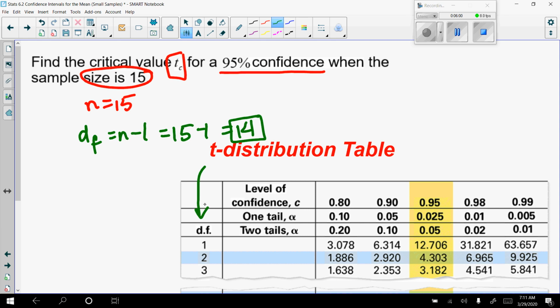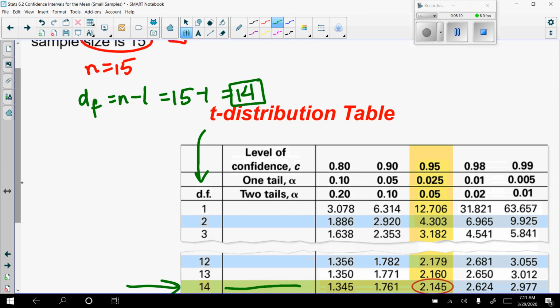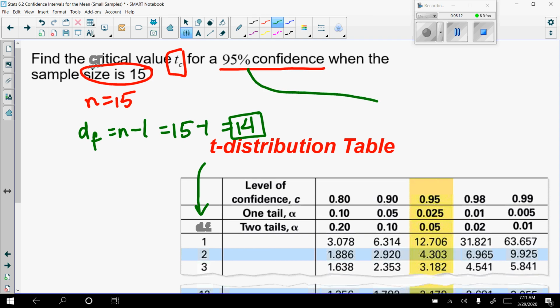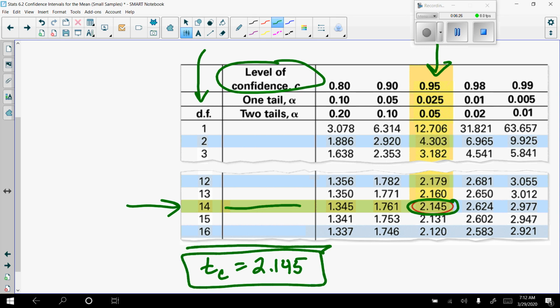So we look under the degrees of freedom column, we look for 14, and for a confidence level of 95%, that's going to give us 2.145 for our critical value for our t distribution. So you're going to have to use the tables in the back of your book to find those critical values.